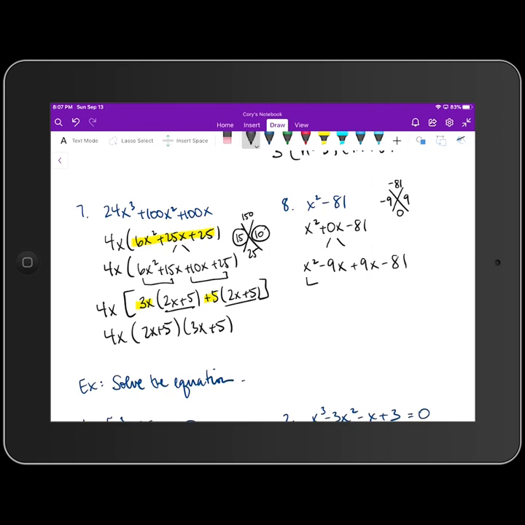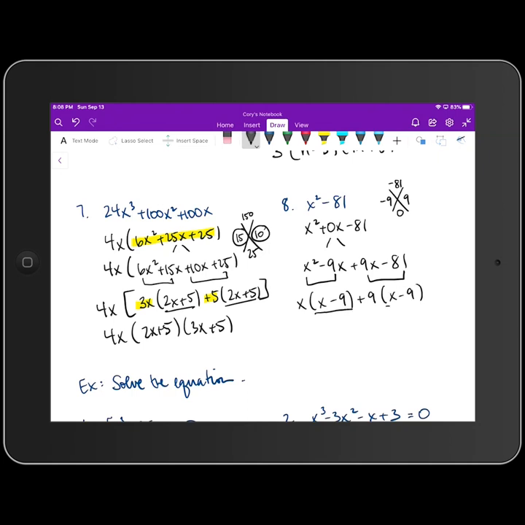And then we're going to factor this resulting polynomial here by grouping. So when I look at the first two terms, the greatest common factor of those first two terms is going to be x. When we factor that out, that leaves us with x minus 9. And then when I look at the last two terms, the greatest common factor of the last two terms is positive 9. When I factor that out, that also leaves me with x minus 9.